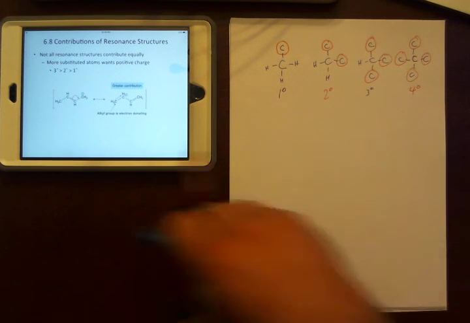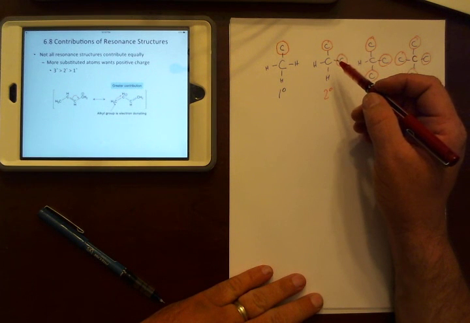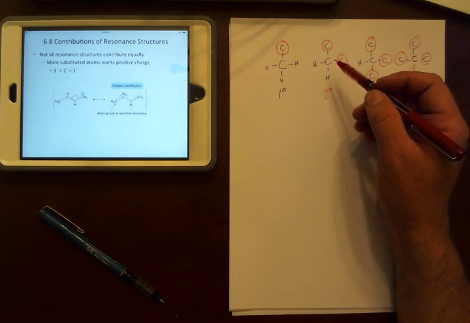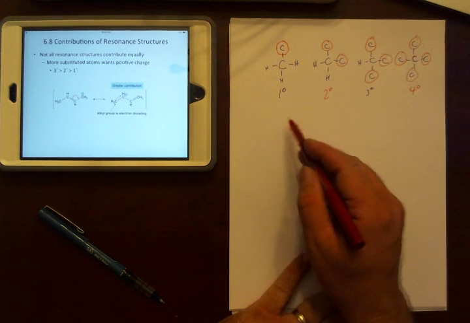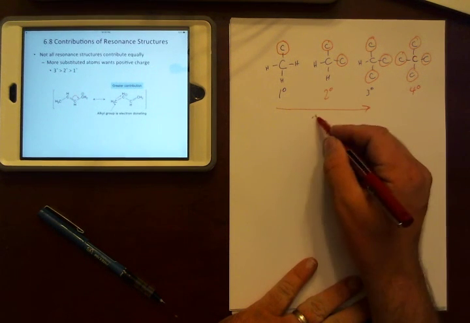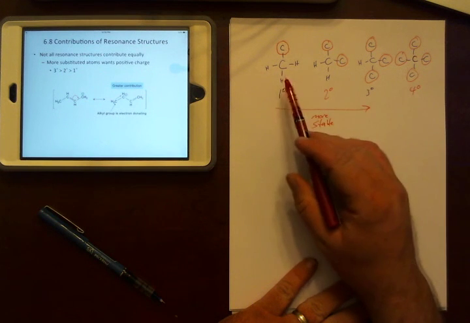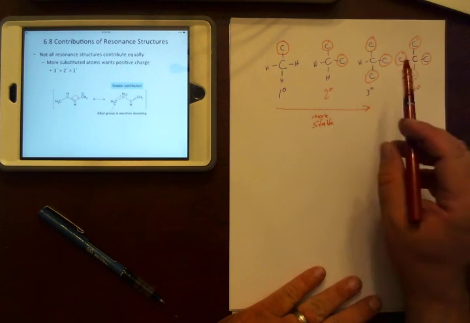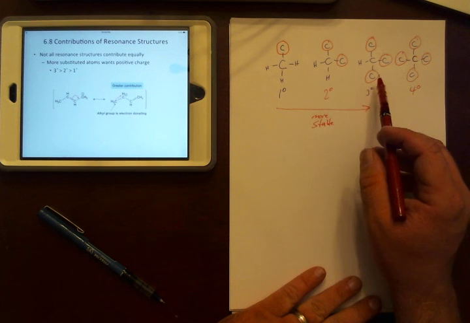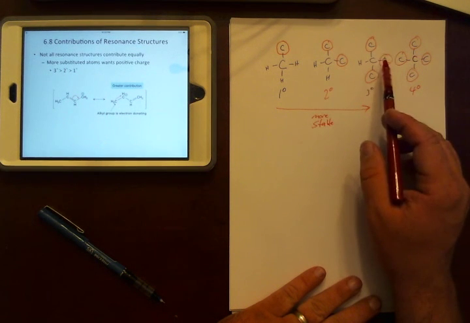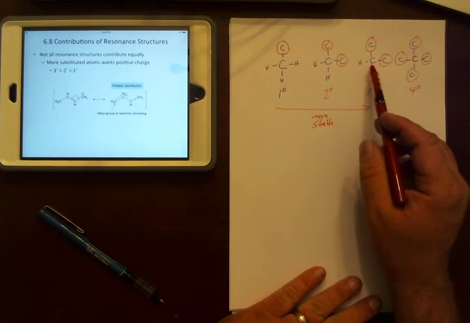Now, when you have resonance structures, particularly for positive charges, the more substituted carbon is going to be more stable. If you have the option to have a positive charge on a primary versus a tertiary carbon, you're going to want to put that positive charge on the tertiary carbon.